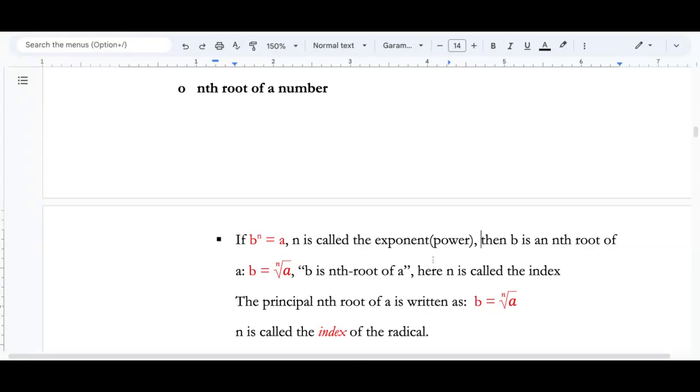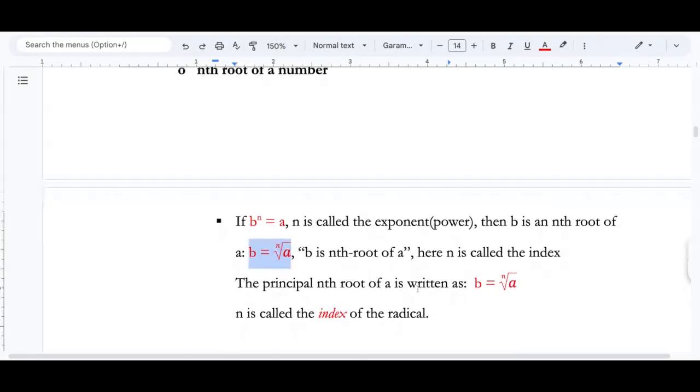In other words, we could write B equals the nth root of A, and n is called the index. This n here is a power, but this n here comes together with this sign, and it's called the index.